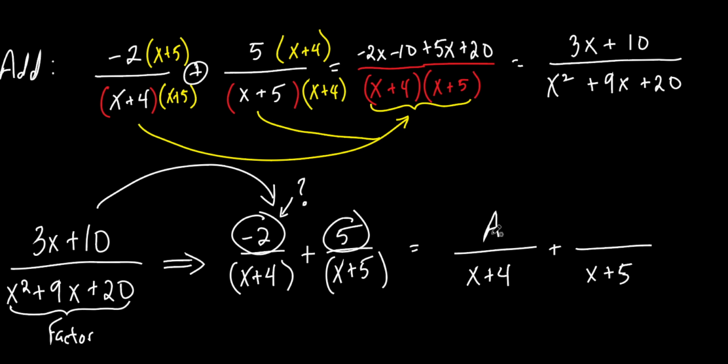So what am I going to put? I'm going to put an A in there. And again, I don't know what that is either. So guess what I'm going to put here? A B. Then what I'm going to do is a series of steps to solve for A and then solve for B. And then I can put it like this. Does that make sense? Yeah. Yeah, kind of.